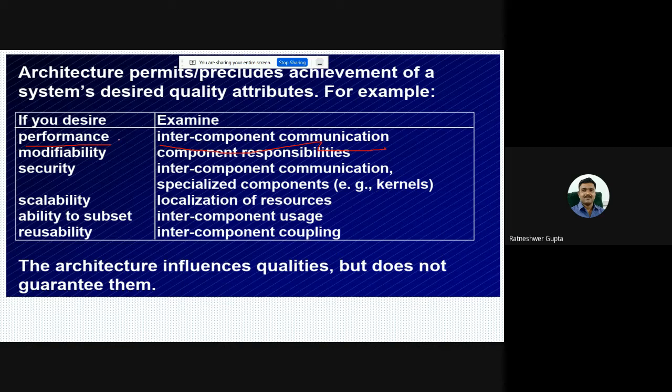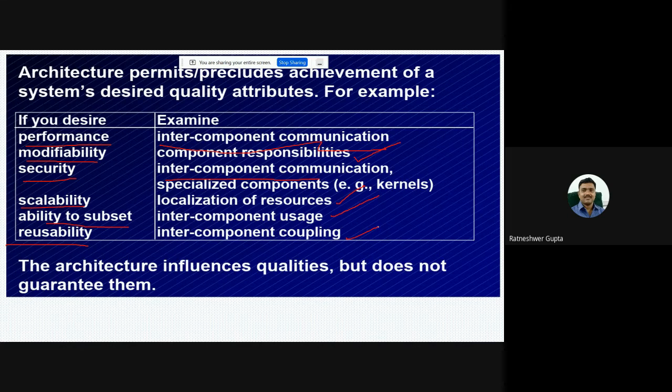If we have to check modifiability, we have to understand the component responsibilities. If we go for security, we have to understand the inter-component communication or the specialized component. If we go for scalability, we have to look at the localization of the resources. If we go for the ability to subset, we have to study the inter-component usage. If we go for reusability, we have to look at the inter-component coupling.